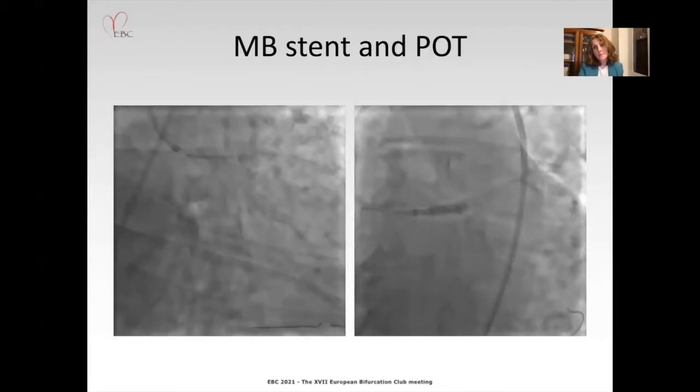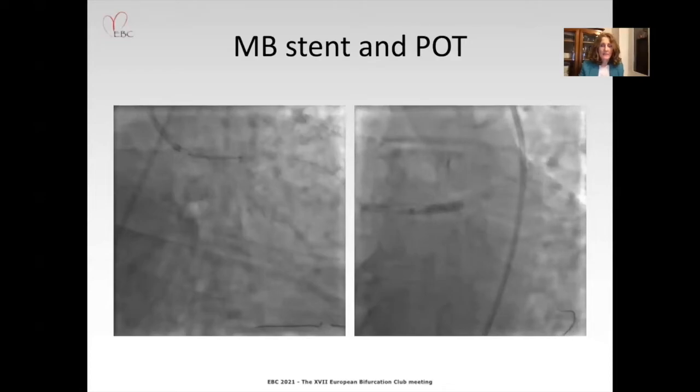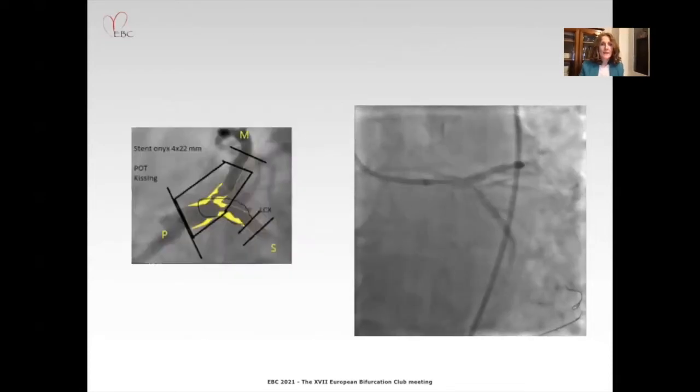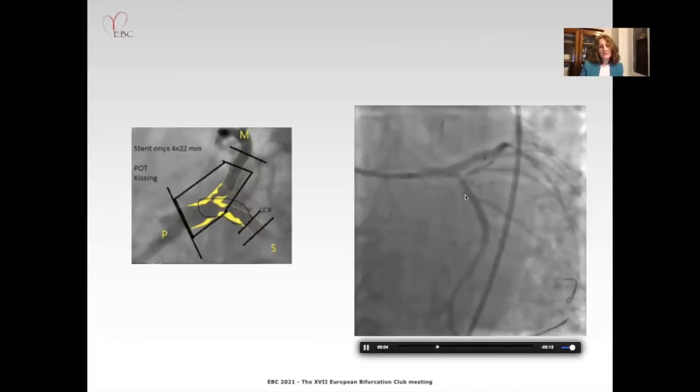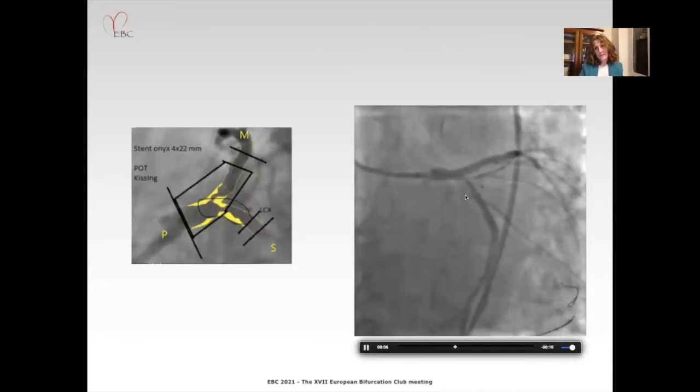The main branch was stented with an Onyx 4.0 by 22 stent, and this was optimized in the proximal part of the left main with the POT. And here we can see the result in the ostial part of the circumflex after that.